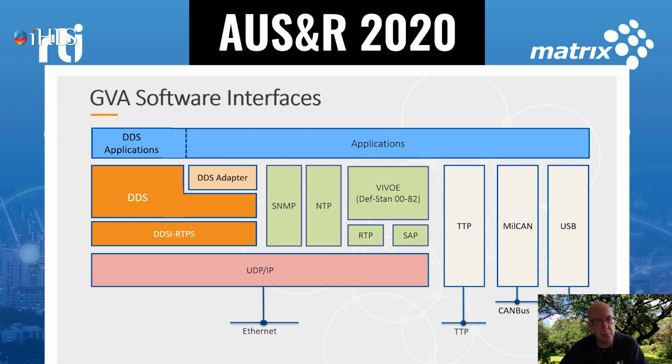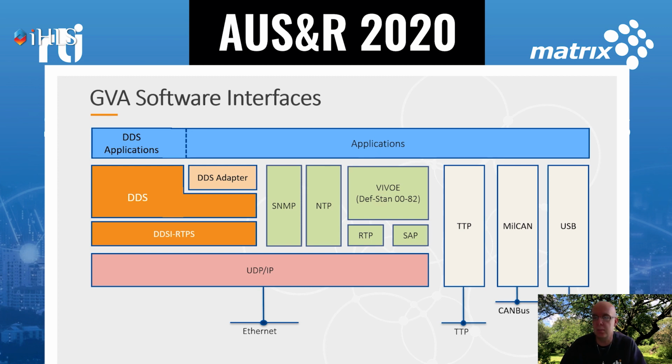If we turn the previous diagram over and we look at it a slightly different way, this is actually how GVA vehicles are architected. And as you can see, the orange part on the left-hand side, which shows DDS, doesn't cross the whole vehicle. There are other components within the vehicle that use other network technologies.